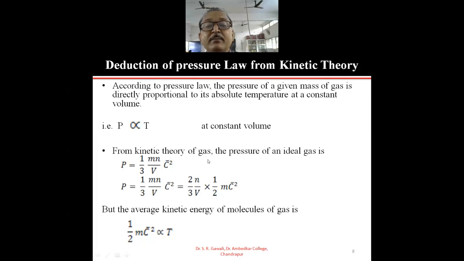From kinetic theory of gases, the pressure of an ideal gas is P equal to 1 by 3 m into n upon V into c bar square.